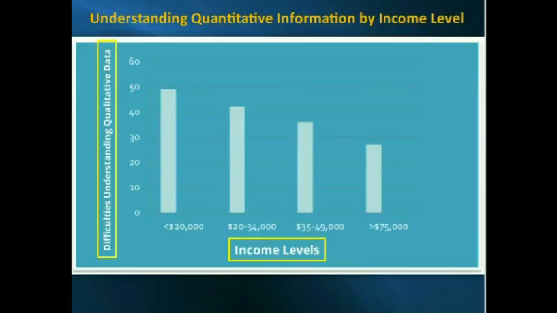Clearly here, people who make $20,000 or less per year are more likely to say that they have difficulty understanding medical statistics compared to people who make more than $75,000 a year.